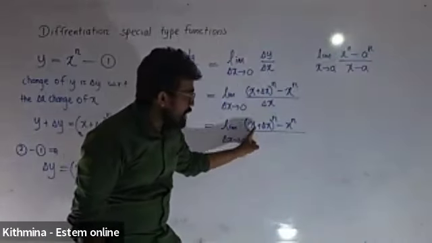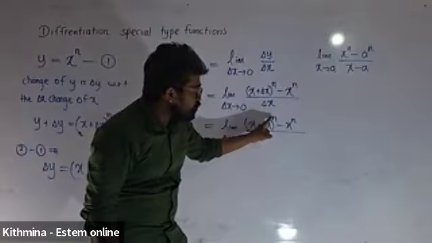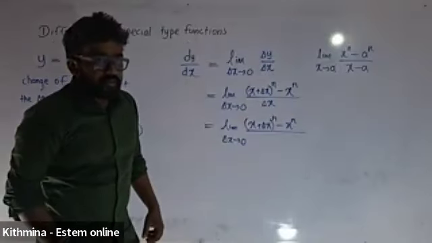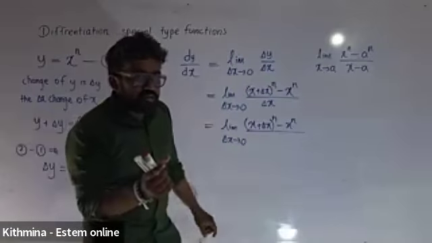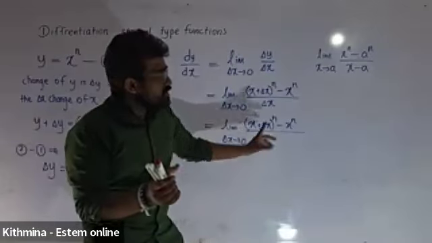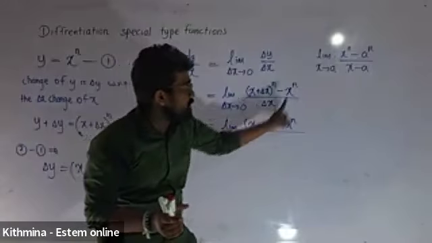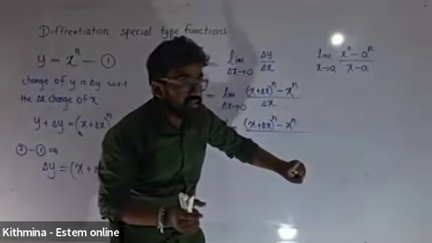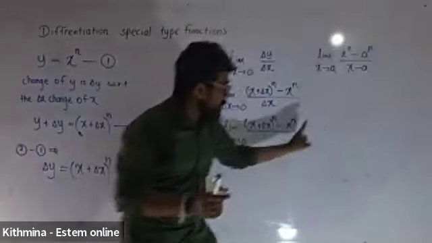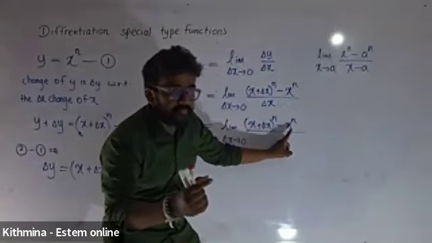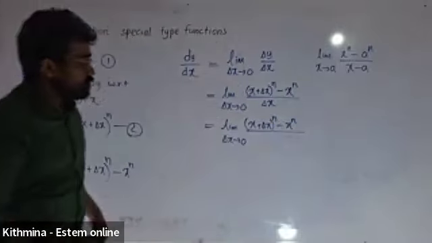Here it is (x plus delta x) to the power n minus x to the power n. Mahim, can you think now x is now x plus delta x. n is here, n is here. Now a is now x. Did you get that?